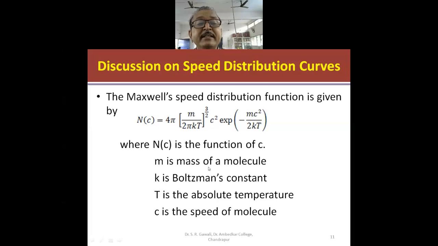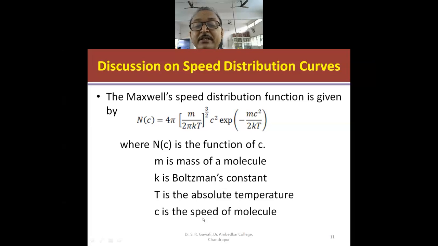So, this n of c is a function of c. C is nothing but the speed of the molecule of the gas. M is the mass of a molecule of the gas. Small k is the Boltzmann's constant, and T is the absolute temperature of the gas.